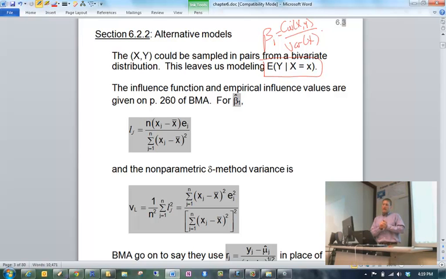Then when you have that, it allows you to work with influence functions, and then empirical influence values, and also the nonparametric delta method. You're not responsible for this, but one could show that the empirical influence value for beta hat 1 is simply this. And that leads to the nonparametric delta method estimate of the corresponding variance.